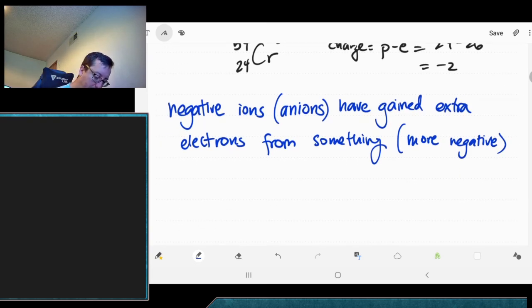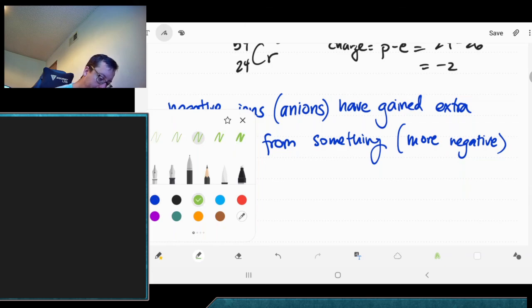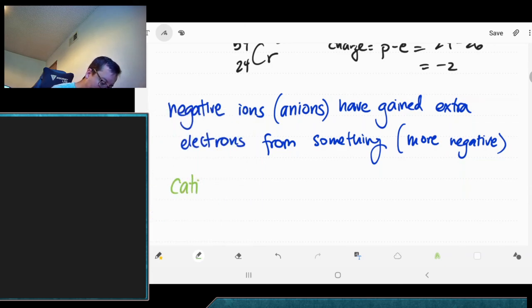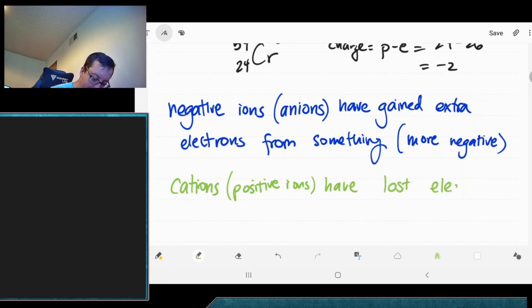And we're going to see the opposite, cations, which are positive. These ones have lost electrons, and they've given them to something else. And those are therefore less negative.